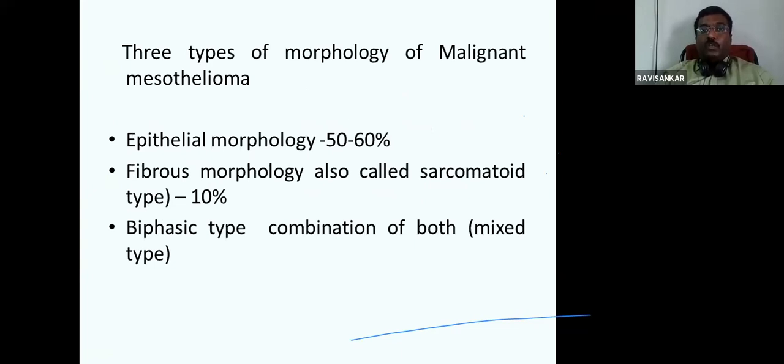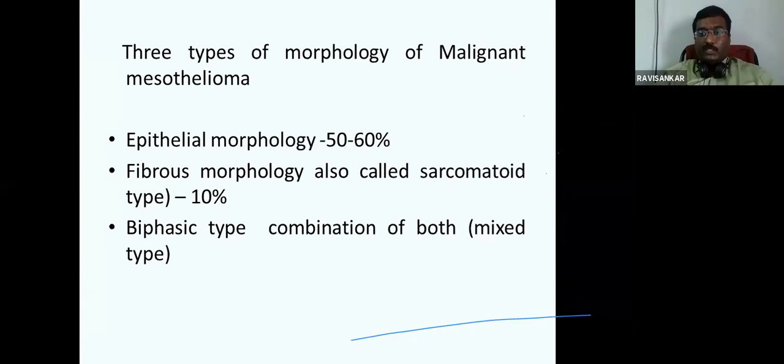Usually mesotheliomas have two basic types. One is an epithelial morphology, and another is sarcomatoid morphology. Sarcomatoid morphology is very aggressive. They can have biphasic type, which occurs in 30 to 50% of the patients. So what is the most common morphology?